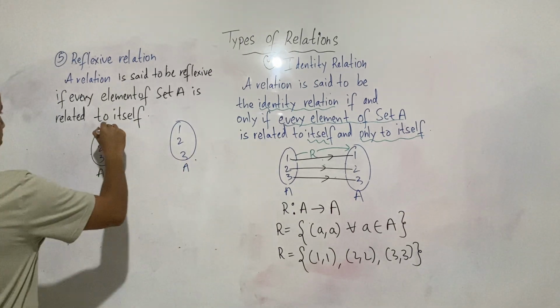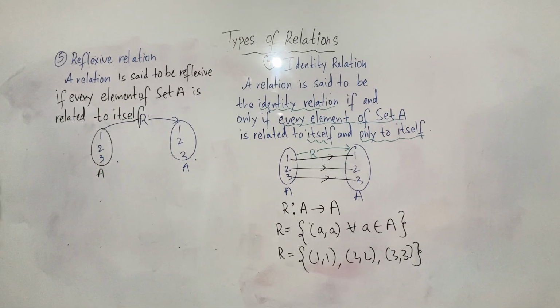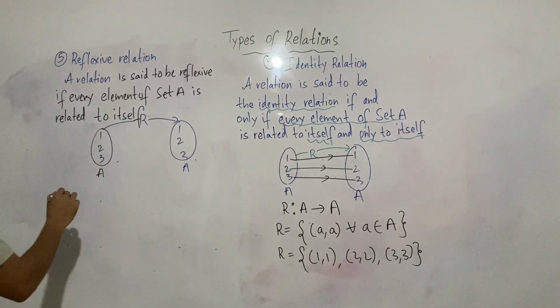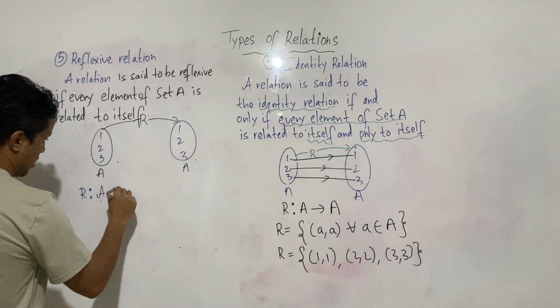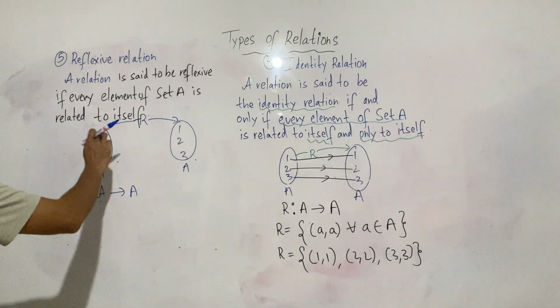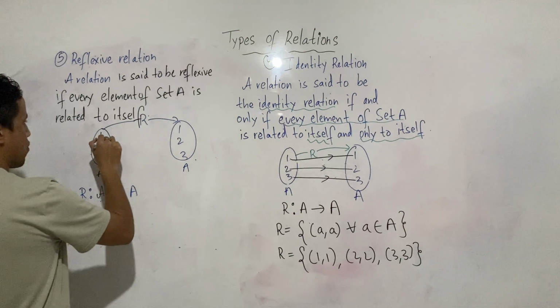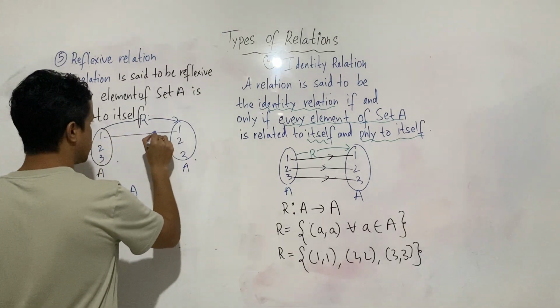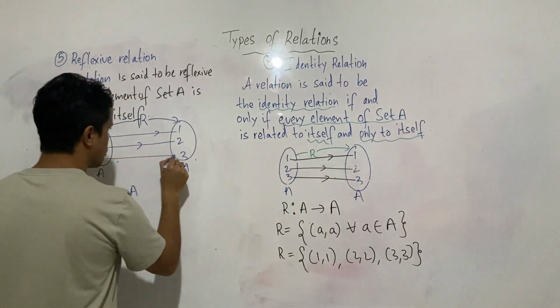This relation R is on set A. So R is a relation defined on set A. In a reflexive relation, the elements in set A are related to itself. Every element is related to itself.